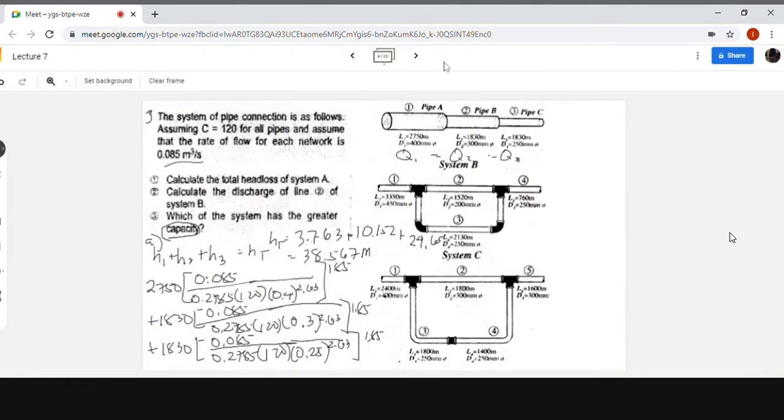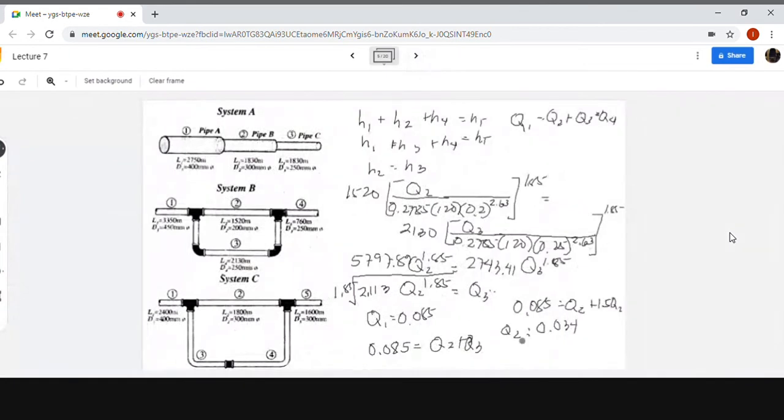Calculate the discharge of line 2. So what did we do previously? We equated head loss 2 and head loss 3, head loss 2 in terms of Q2 and head loss 3 in terms of Q3.